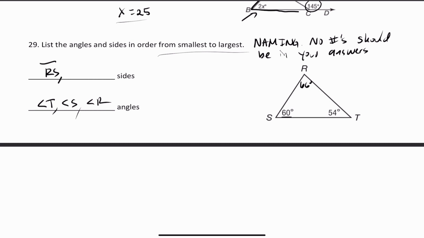And then the second smallest should be segment RT, because angle S is the second smallest angle. So therefore, this is the second smallest side, segment RT. And then lastly, angle R is the biggest angle, therefore segment ST is the biggest out of all. Segment ST is the largest side of them all.